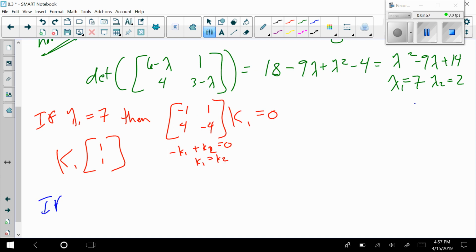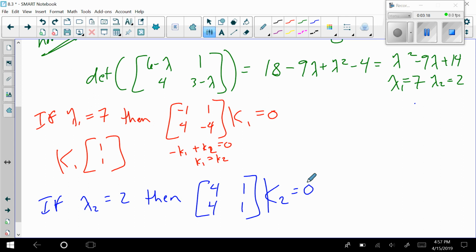So then the next thing is if lambda sub 2 is equal to 2, then I would have, well, that'd be a 4. Oh, I almost put a 2 there. This would be a 1 still, this is a 4 still, and this is a 1, times big K sub 2 equals 0.